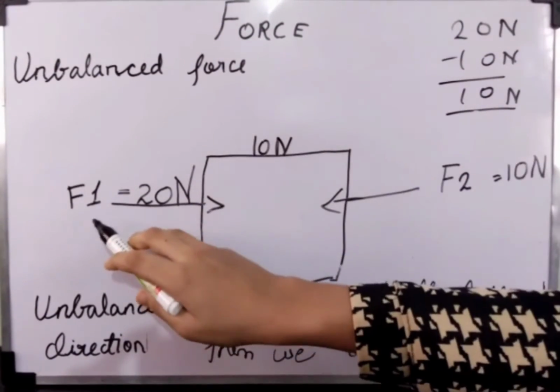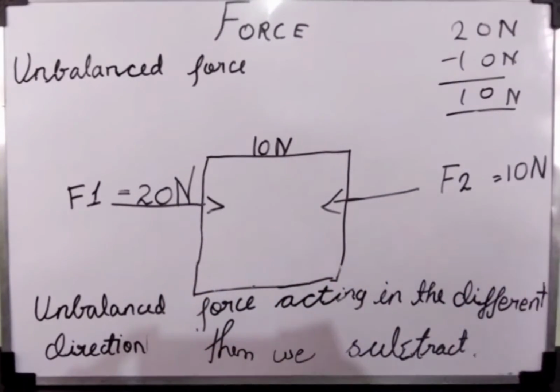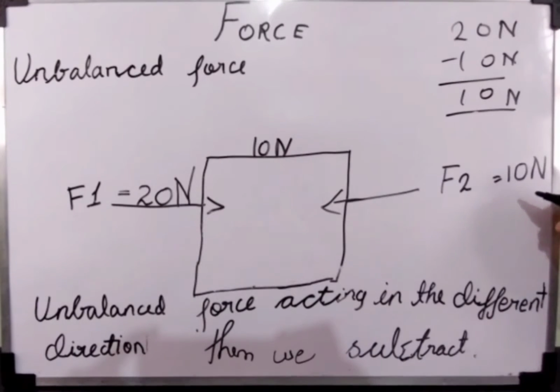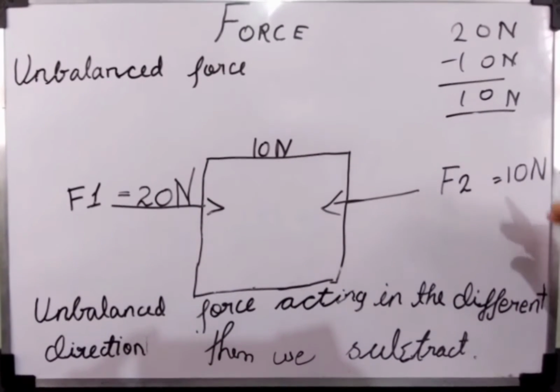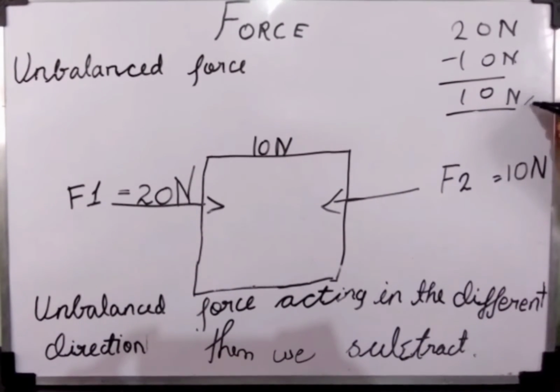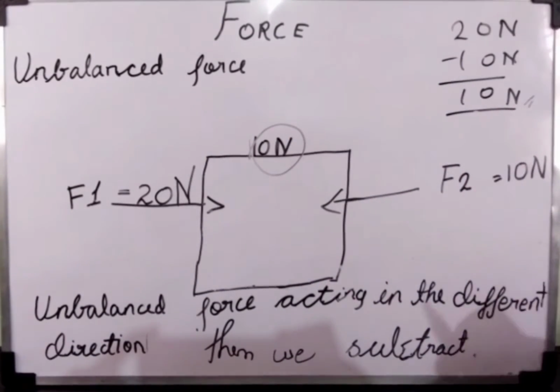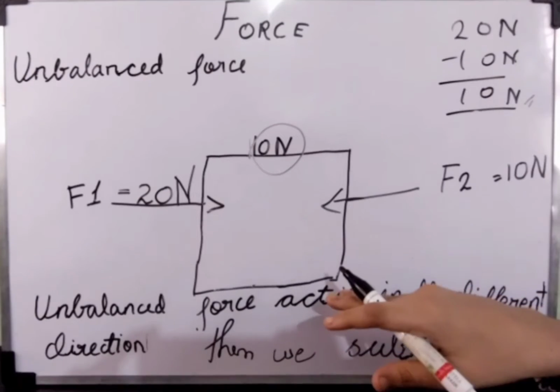So let's take F1 is a boy, F2 is a girl. F1 is applying a force of 20 Newton and F2 is applying a force of 10 Newton. Here we subtract and we get 10 Newton. This is the force that is applied on the object right now.